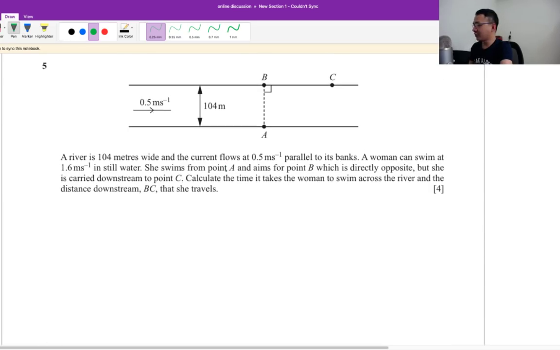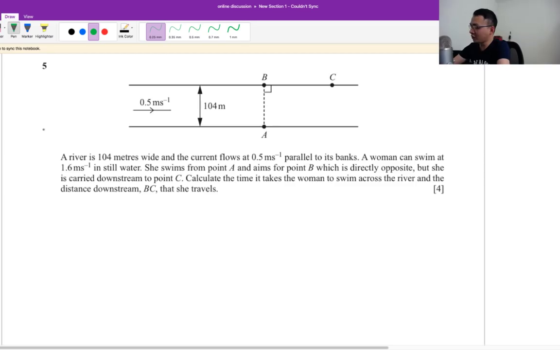Alright, then we go to the river case. This river case will be slightly different from the river case you saw before. Okay, so the river is 104 meters wide and the current flows at 0.5 meters per second parallel to its bank. A woman can swim 1.6 meters per second in still water.